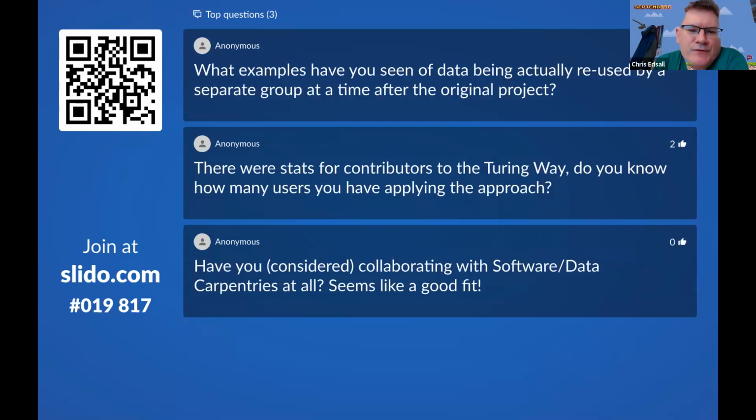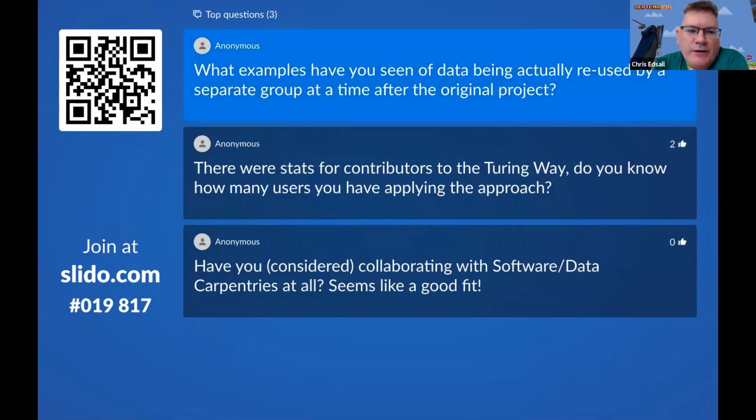So what examples have you seen of data being reused by a separate group at a time after the original project? So I guess success of the Turing Way, that would be. Yeah, so a lot of time. I would say my PhD work is completely built on someone else's data, because I was working with lab researchers, and the work that they were doing wasn't yet ready to be published.